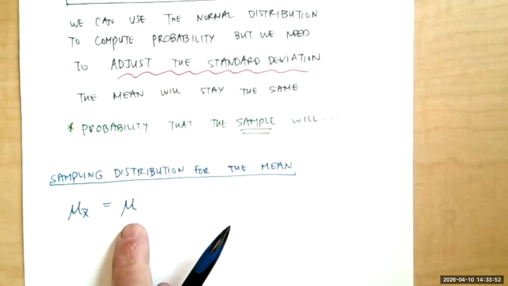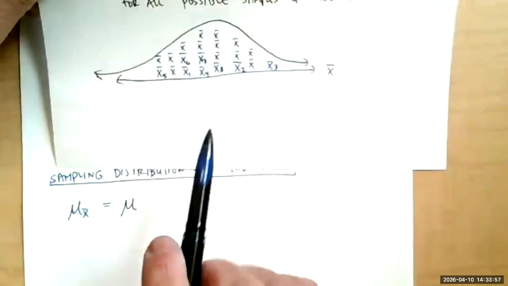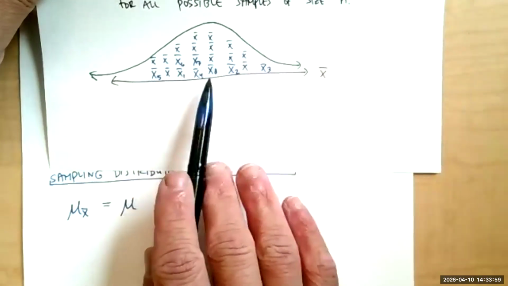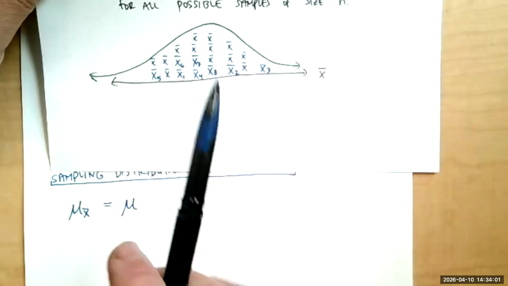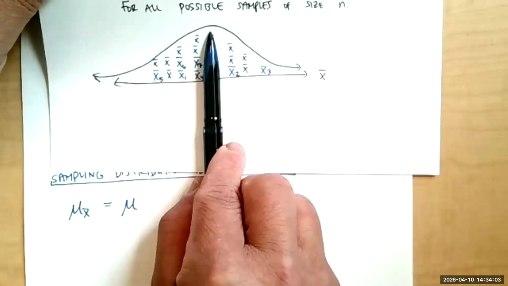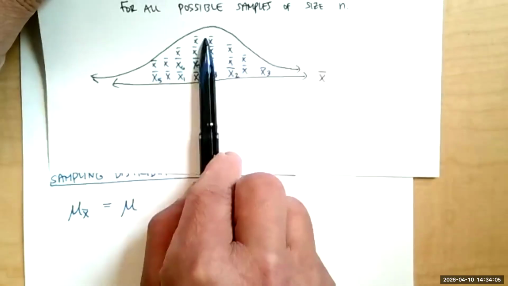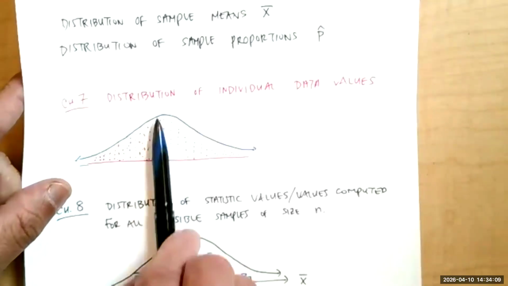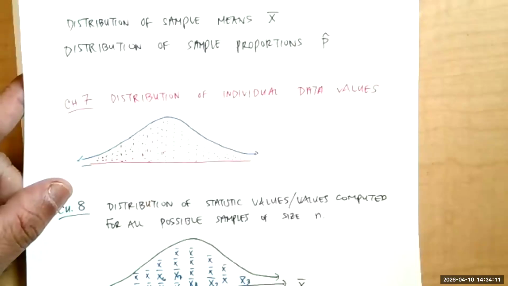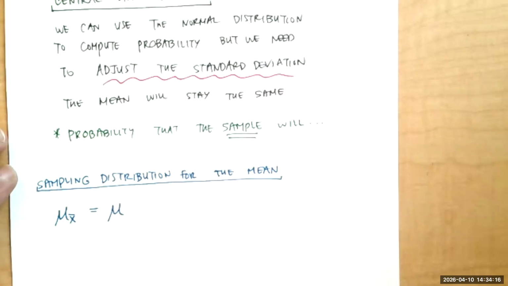For all the individual data values, when I accumulate the distribution of all the possible sample means x bar, the middle of the curve, that peak, is going to be the same as the peak where our individual population data values were, which is good.